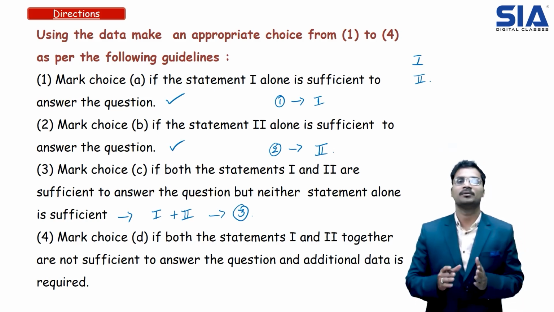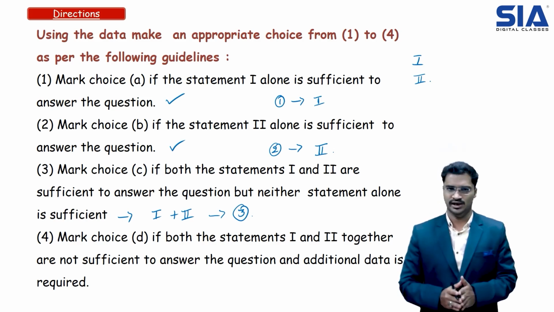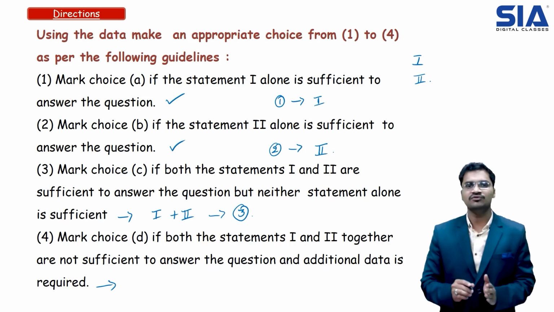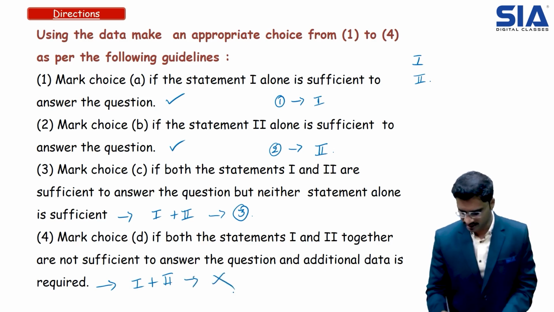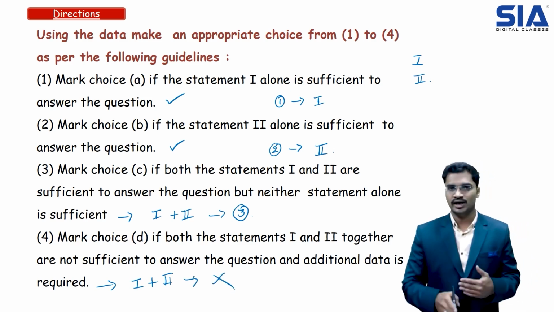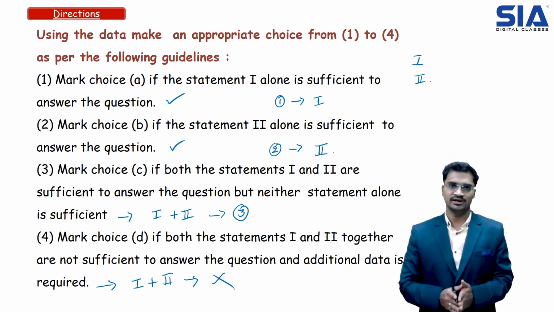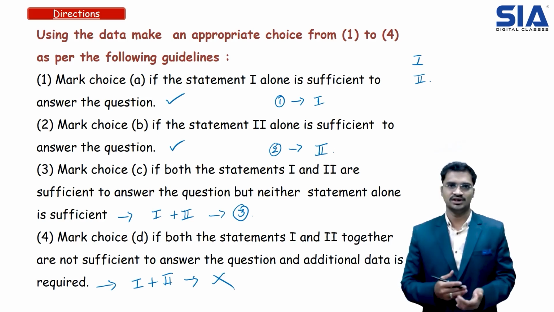Option 4 is to be marked when I have combined statement 1 and statement 2, but at the end I am still not getting the answer for my question. So this is the instruction given here.